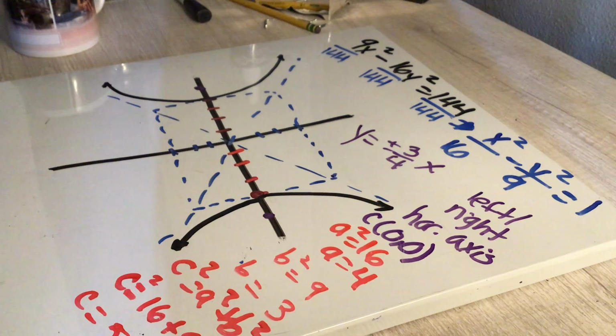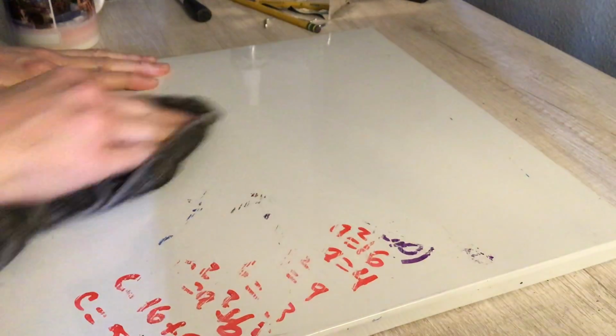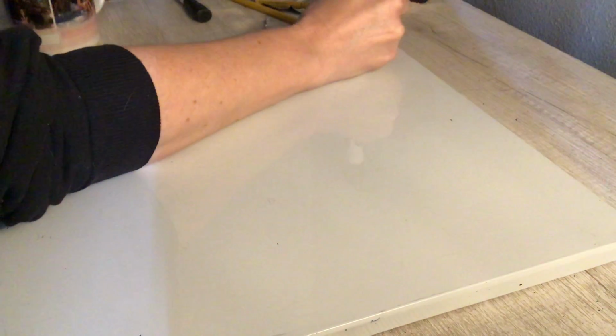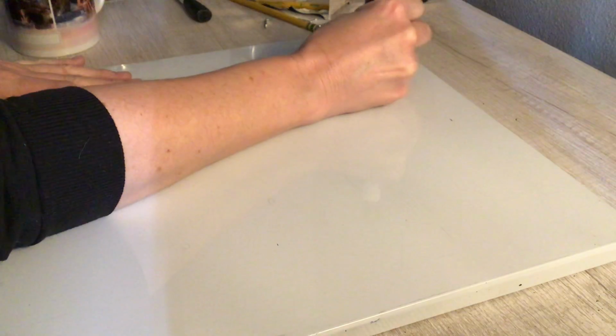All right. Then we can use information about our hyperbola to write the equation of one. All right, we know we have foci at 0, 5 and at 0, negative 5.